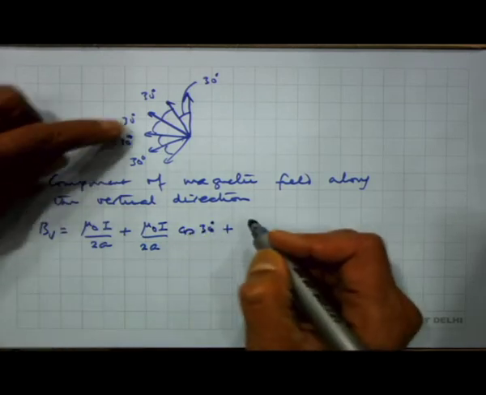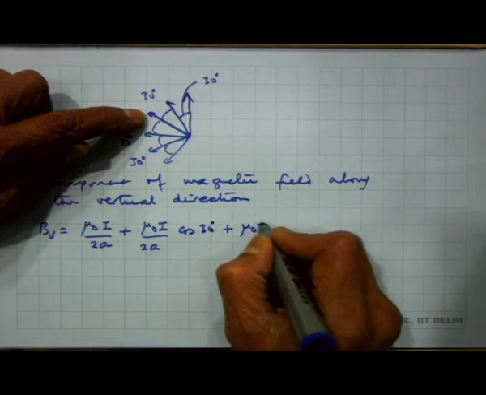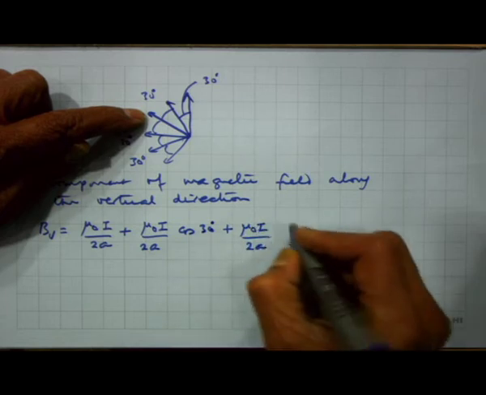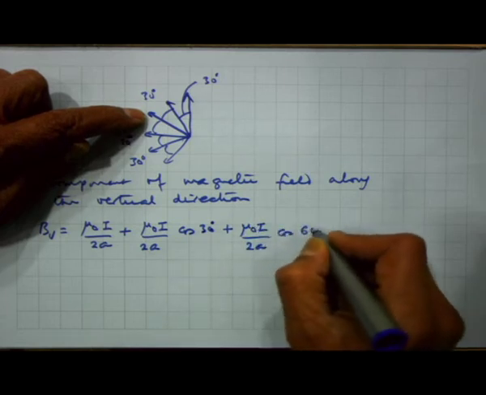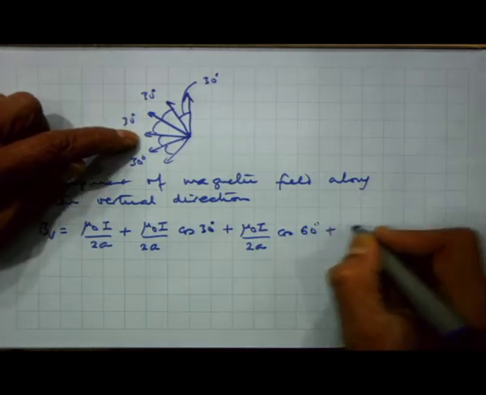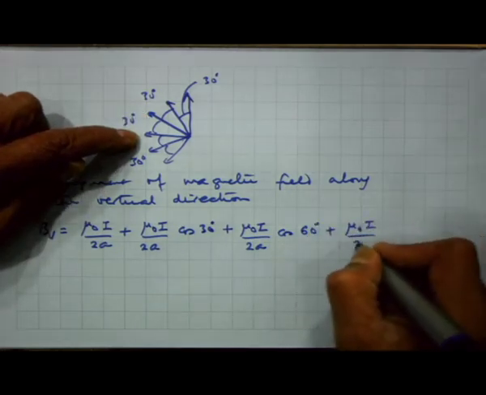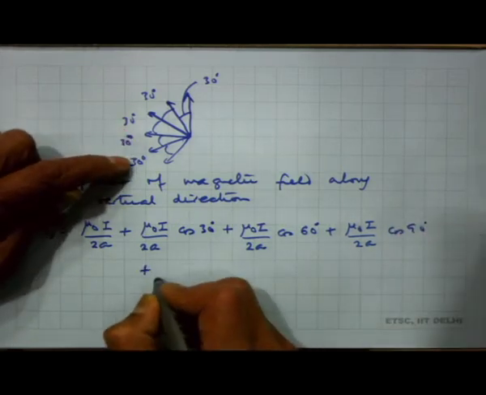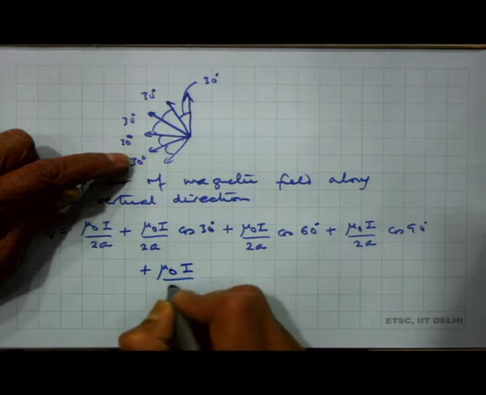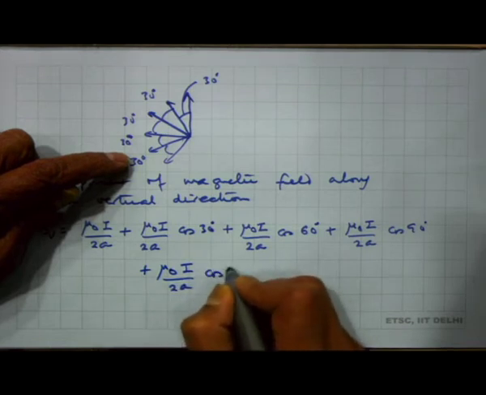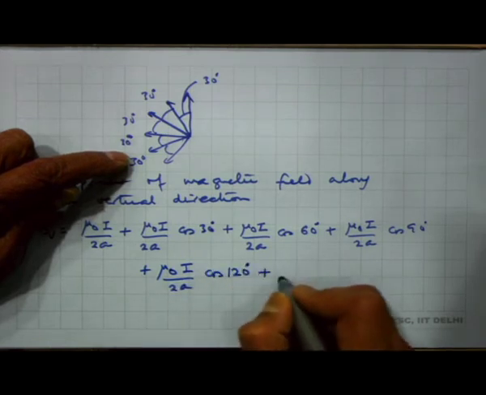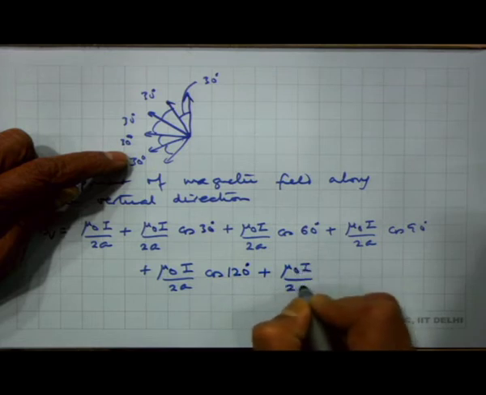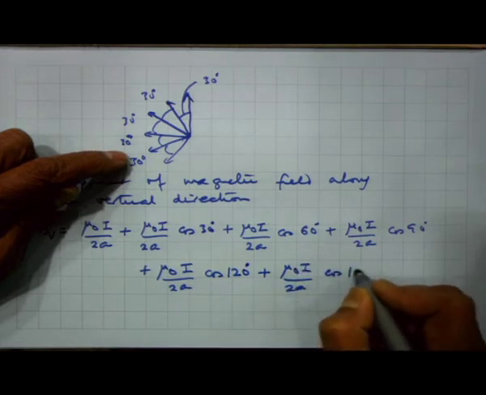The next one, the magnitude is mu naught I by 2a, the component is cos 60 degrees. The fourth one, mu naught I by 2a cos 90 degrees plus mu naught I by 2a cos 120 degrees plus mu naught I by 2a cos 150 degrees.